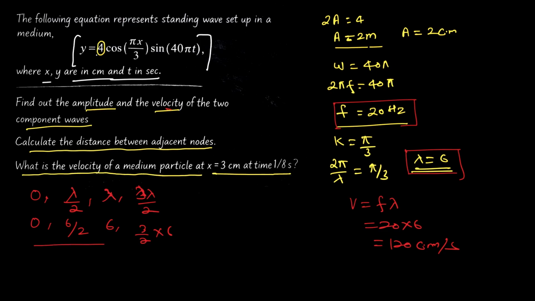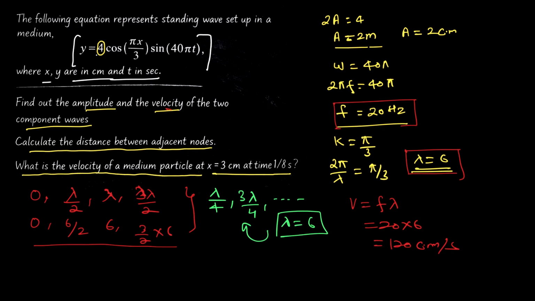This will be the position of adjacent nodes. And if I had to calculate the position of antinodes, by the way, they are not asking this question, that would be lambda by 4, 3 lambda by 4 and so on. Lambda is equal to 6, we calculated it, it was not given. Just substitute this value.